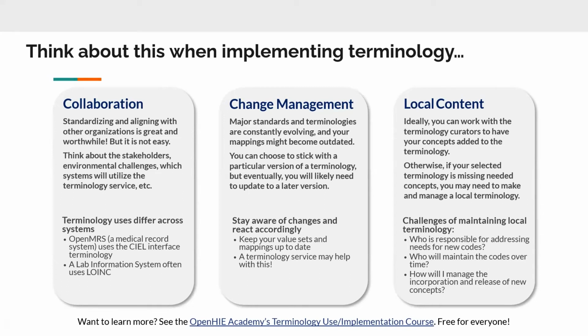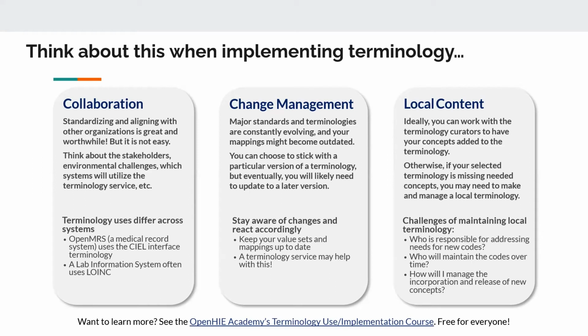And this is important because terminology uses do differ across systems. A lab information system might use LOINC for their terminology, where OpenMRS, which is a medical record system, might be needing an interface terminology like CIEL. And understanding which terminology would be selected and how you interact with other stakeholders is very important to do upfront.